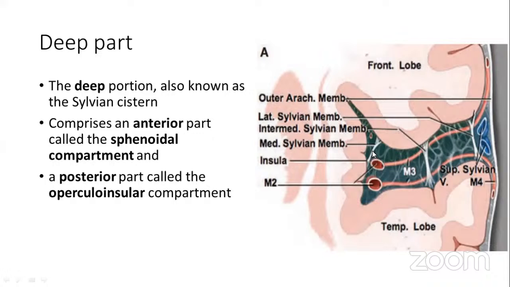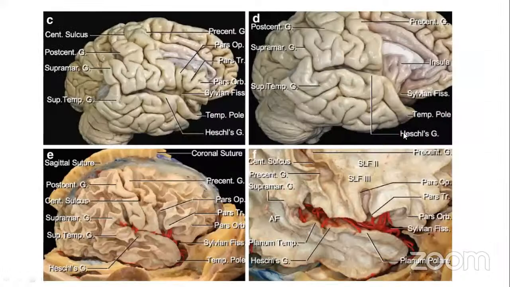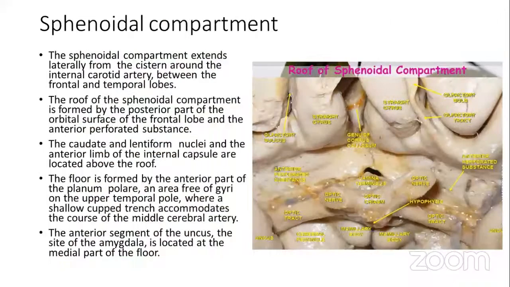And what is the sphenoidal compartment? That lies anteriorly. So where do you have to go for the sphenoidal compartment? Do you have to go somewhere laterally, or follow the coronal section for that? Coronal section. So you have to go deeper, and then you will reach the sphenoidal compartment, which is the deepest component.